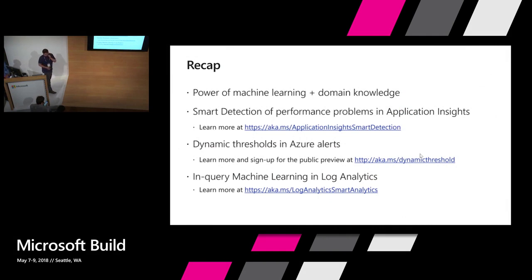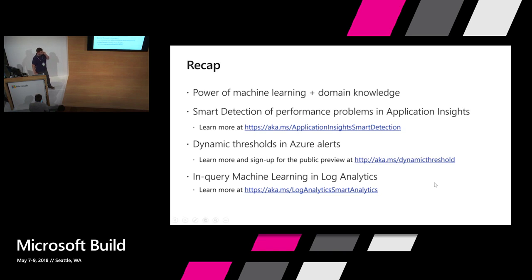So to recap what we have so far. In Azure monitoring, in application insights and log analytics, we are using the power of machine learning together with our domain knowledge in order to provide the best tools for your developers to monitor your application, to detect problems in your application using smart detections, and to set smarter thresholds with the dynamic thresholds in Azure Alerts.